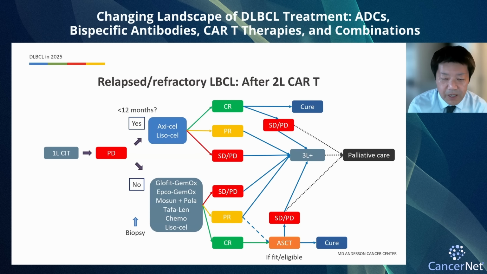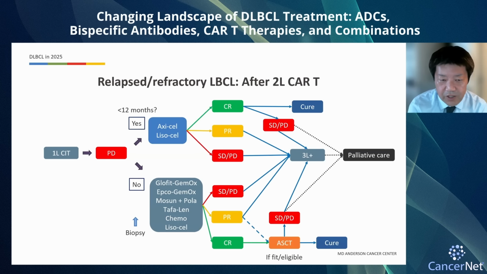We should prioritize a pathway towards CAR T-cell therapy as early as possible. And for those CAR T-cell therapies, unfortunately, due to billing for the trial, we don't screen patients for T-cell. It's for axi-cel and liso-cel. And even for those patients who relapse after 12 months, the field is clearly shifting away from conventional chemotherapy like R-GemOx.